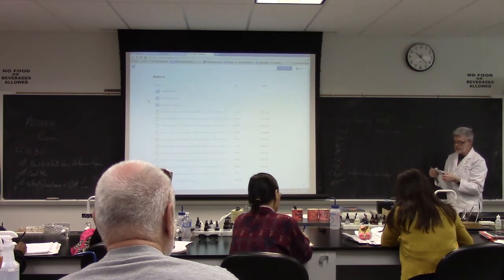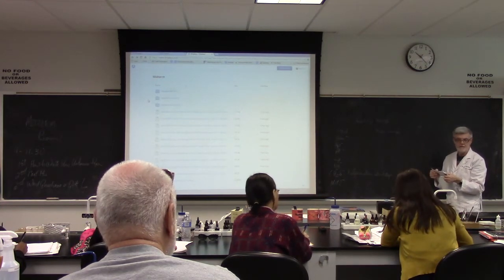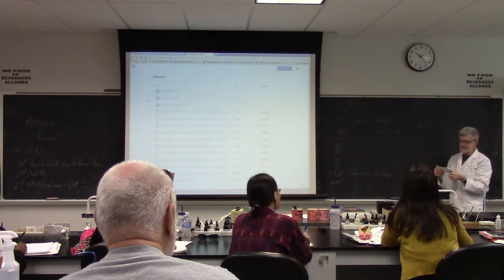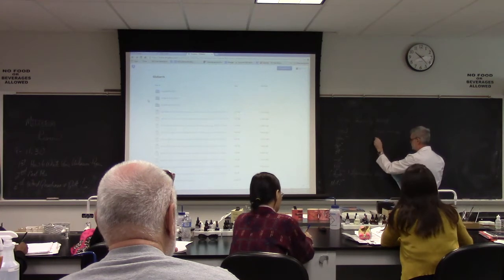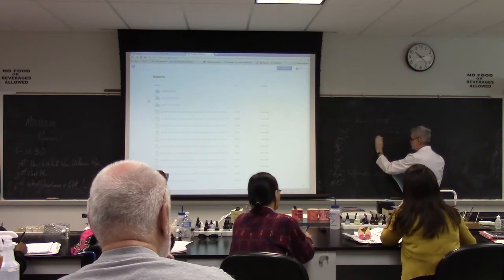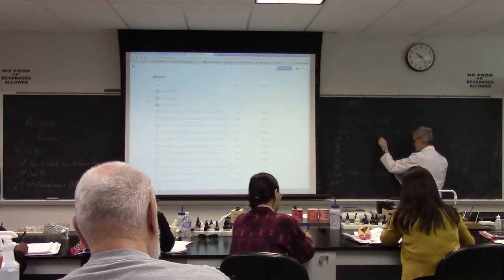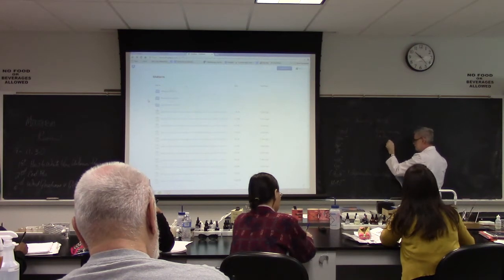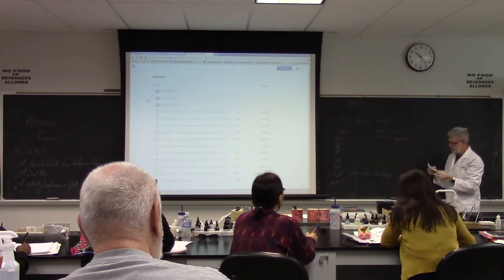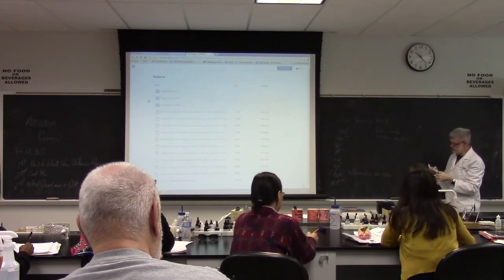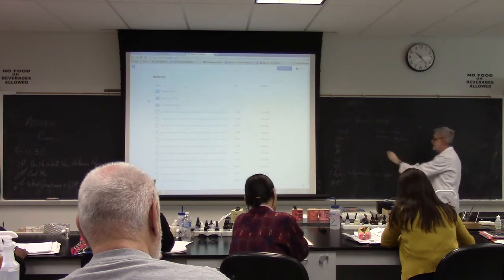MacConkey's was broken in the incubator, damn. And the lazy mutant test was white. So what's your lactose? ONPG was white. What? It's negative. Okay, the nitrate test was pink after reagents and zinc.